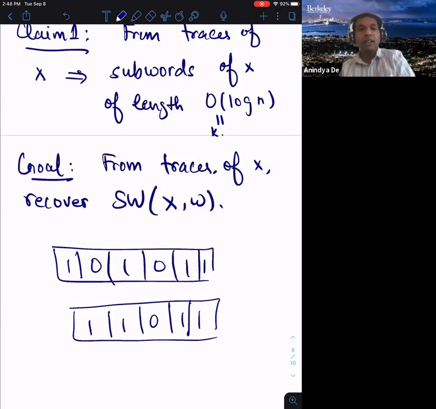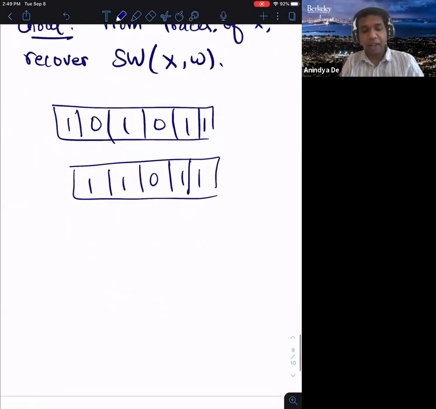But the latter 11 corresponds to a true subword which appeared in the original string x and got retained as a subword in the trace as well. So contiguous subwords in traces are outcomes of subwords from the original string x, but also outcomes of perturbations, things which came as a result of deletions.